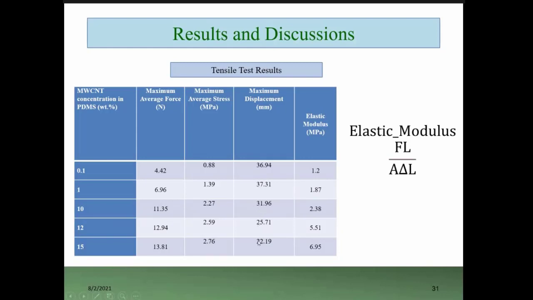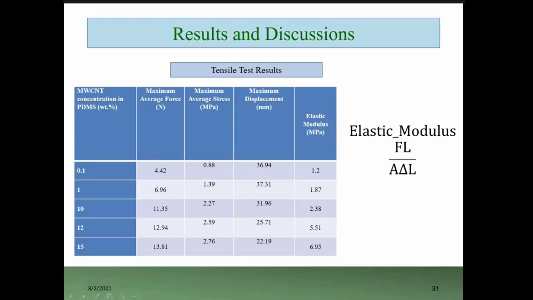Why is it happening? Because during the test, the film was pulled vertically, and due to the higher concentration inside the film, it started becoming stiffer. That is why it was not able to be pulled with a sufficient amount of force, and it was not possible to make a large displacement.